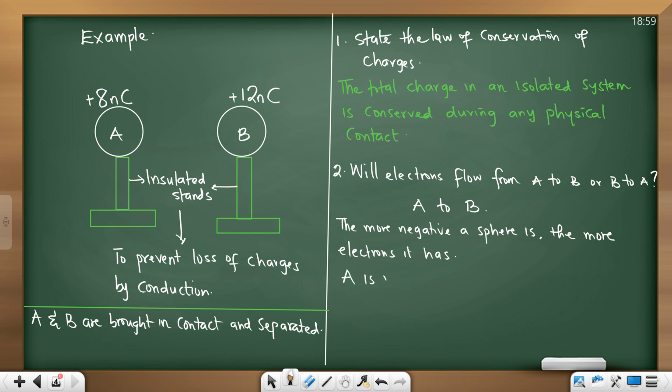So A is more negative than B, so electrons would move from A to B. A is closer to the negative side of the number line than B, and we would prove it with a calculation.